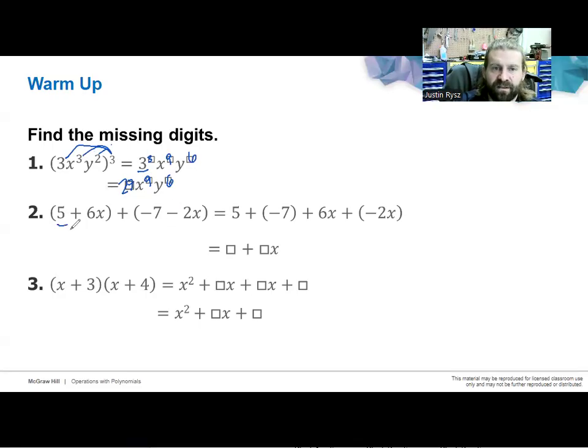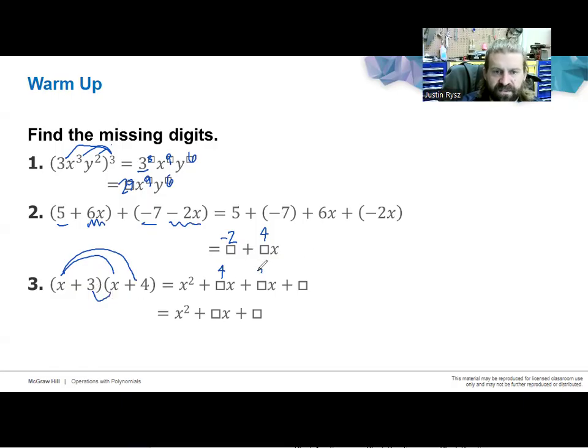All right, here, if we're combining like terms, we are going to combine the 5 and the negative 7. And then we will combine the 6x and the negative 2x. So that means we would have a negative 2 plus 4x. And here, if we are going to multiply, we got to do x times x is x squared. x times 4 is 4x.